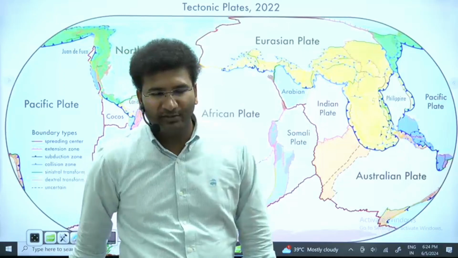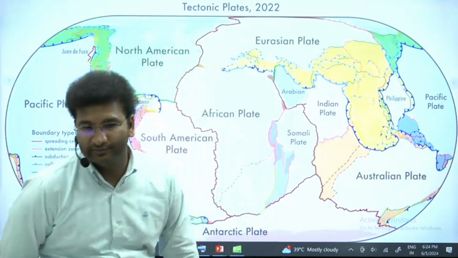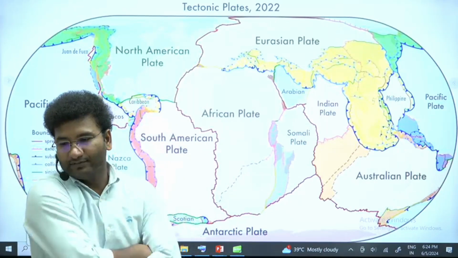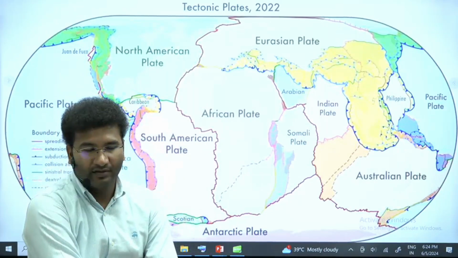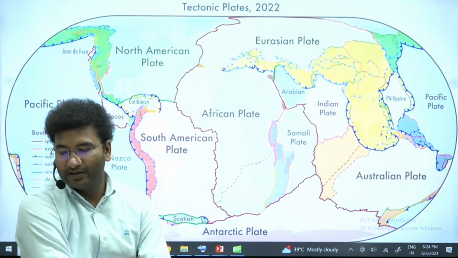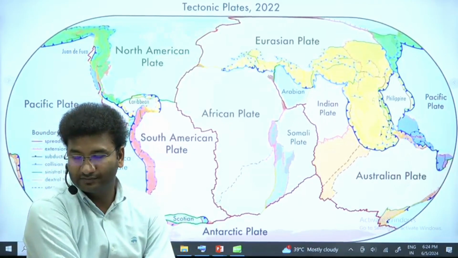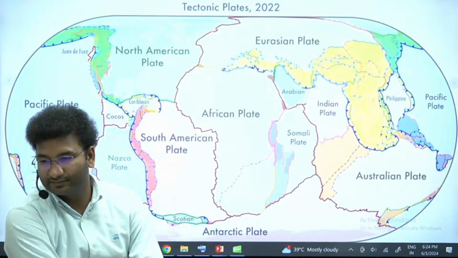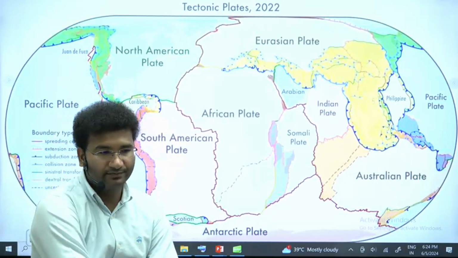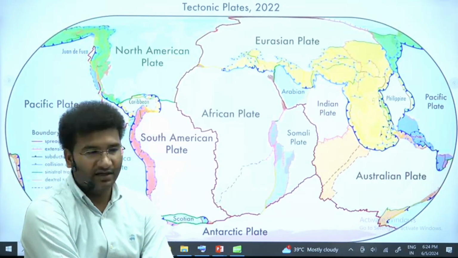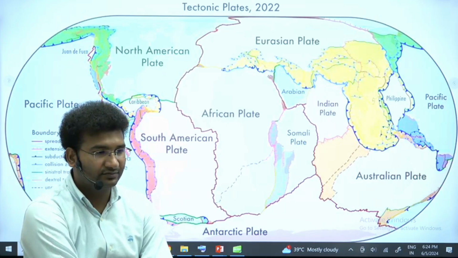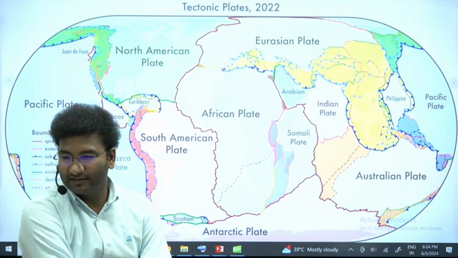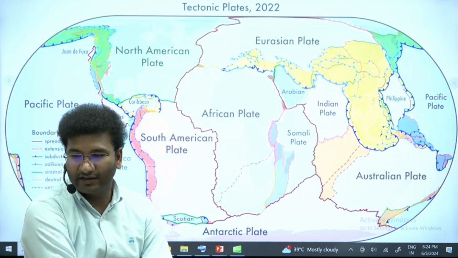The Western Atlantic floor separated from the South American plate along the Caribbean islands.